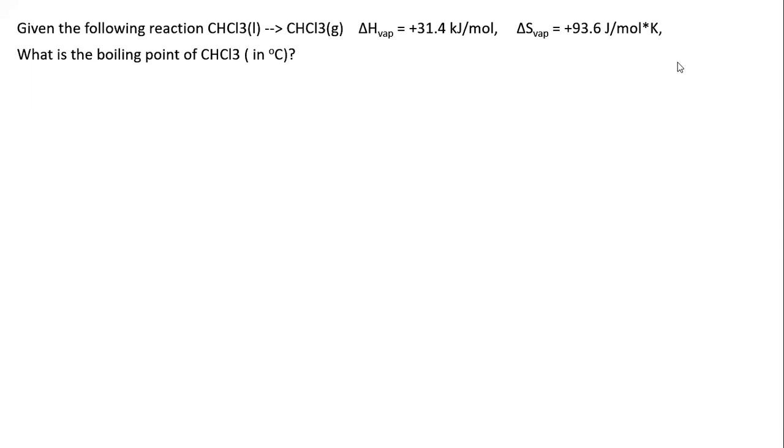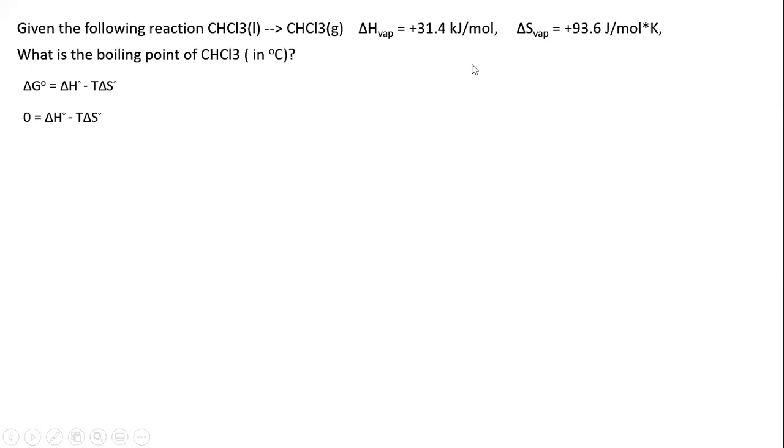Since we're given delta H and delta S, we're going to be using the delta G equation. And since we want the boiling point of chloroform, remember that at the boiling point we're at equilibrium between the liquid and gaseous state. So we want delta G equal to 0. We set delta G naught equal to 0 and plug in our delta H and delta S. Remember though, you need to convert delta H to joules because delta S is in joules.